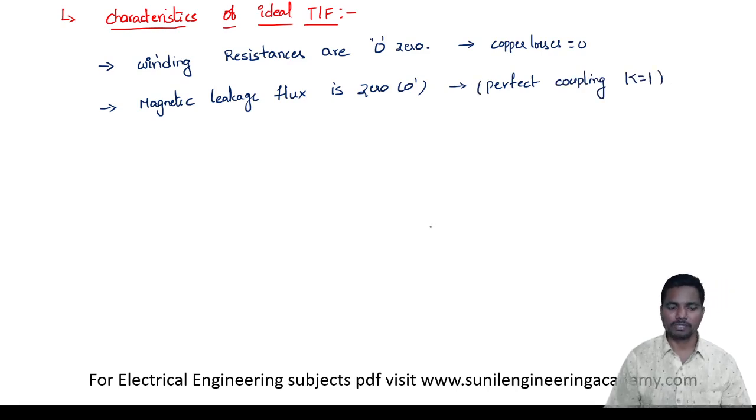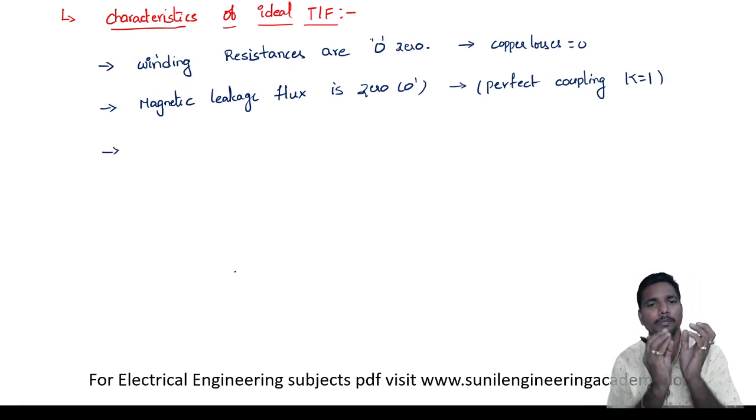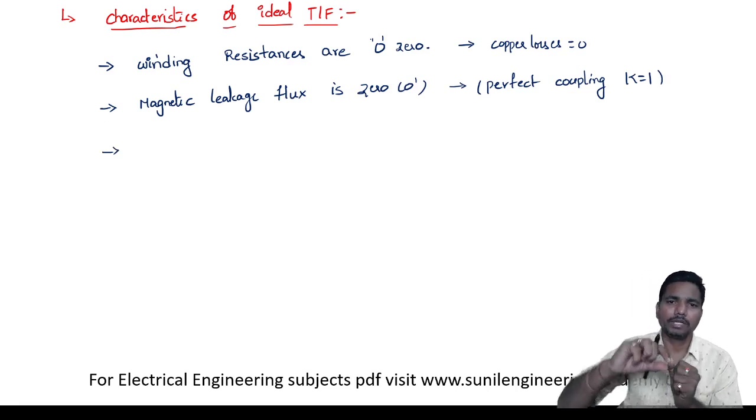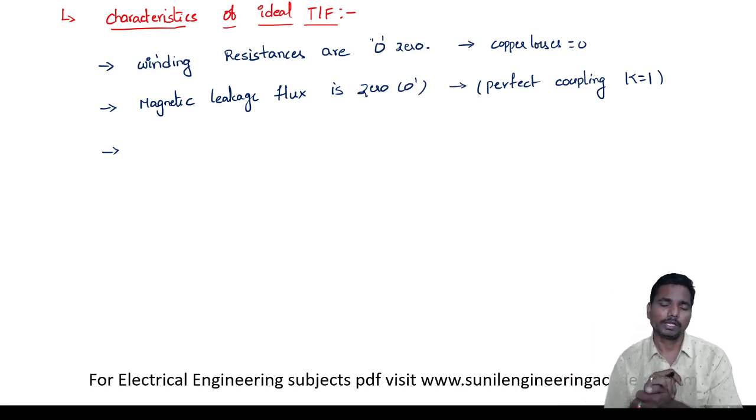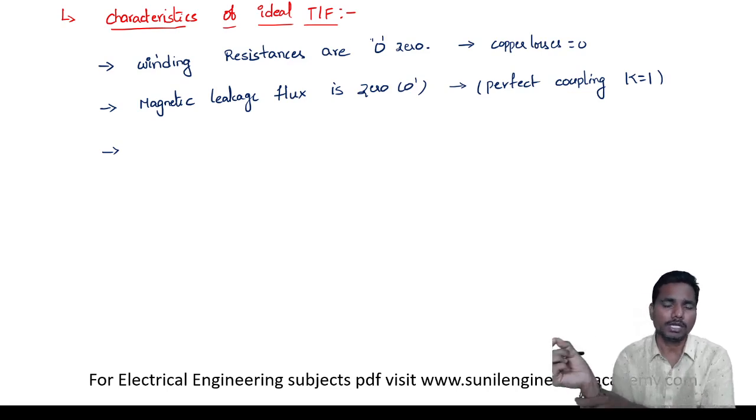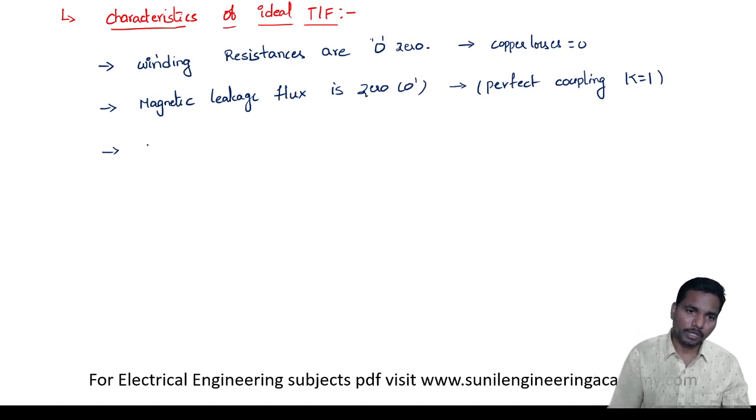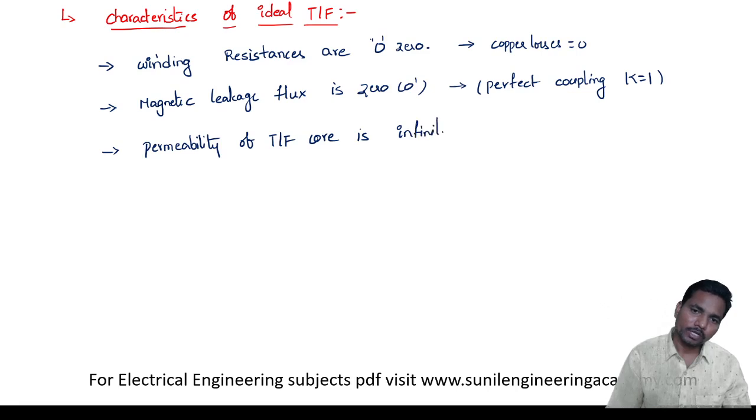Whatever flux is produced in the primary winding must be linked to the secondary winding, transferred without reluctance. That means the permeability of the transformer core must be very high or infinite. Permeability is the ability to permeate the flux. Then only all the flux will flow through the core.